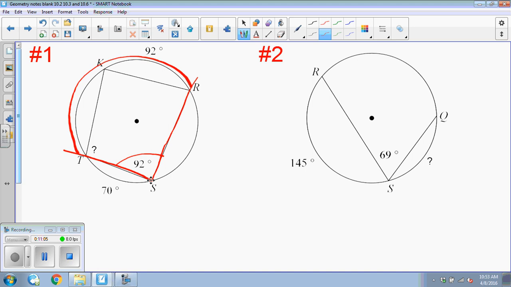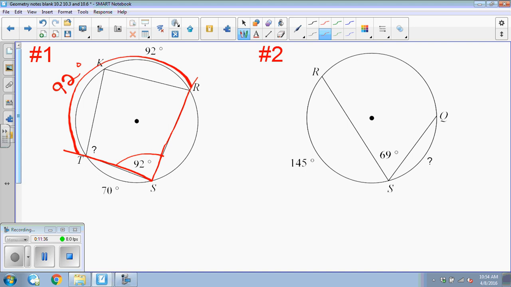This one just happens to be exactly half, but 92 times 2 is what the arc would be. And 92 times 2 is 184. And if you needed to figure out what this piece is, it also has to be 92, because 184 minus this gives you TK.